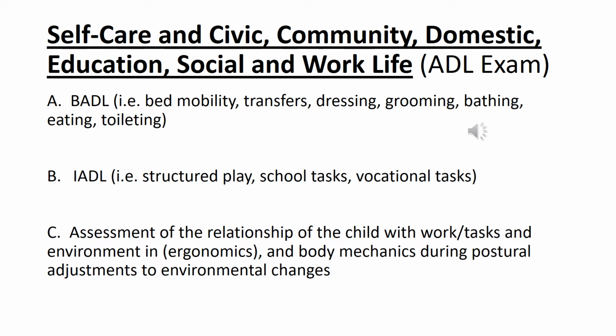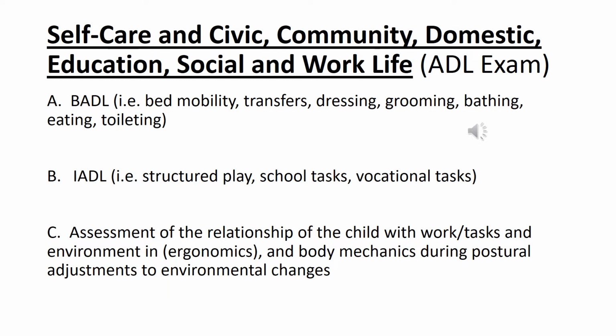Next, we'll talk about the child's ability to care for themselves in a variety of different environments. So this is essentially a detailed activities of daily living exam, and we're going to think about gaining this information through observation and through questioning across all of the environments that the child functions in.